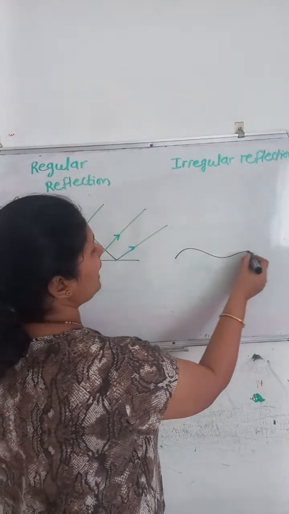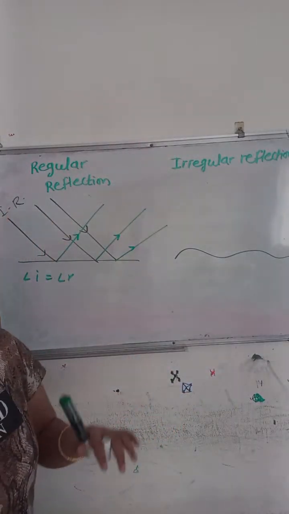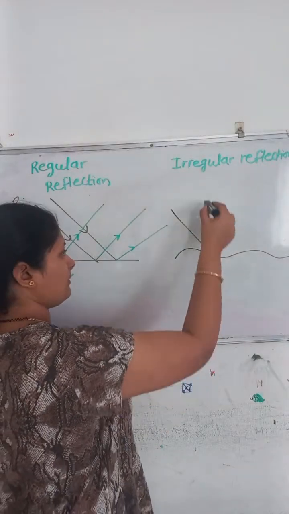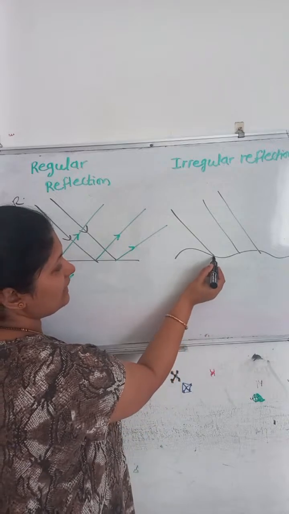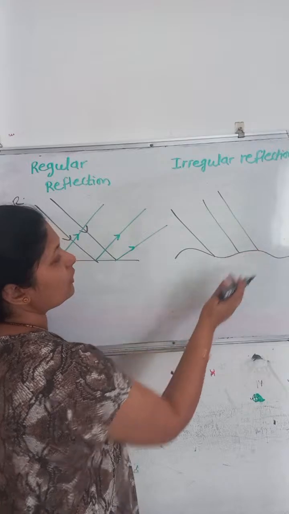Okay, and what do you mean by irregular reflection? So here I have surfaces which are irregular, uneven, rough surfaces. In that case the light will fall. See here, this light is at the depth, this is on the top, this is also on the top.